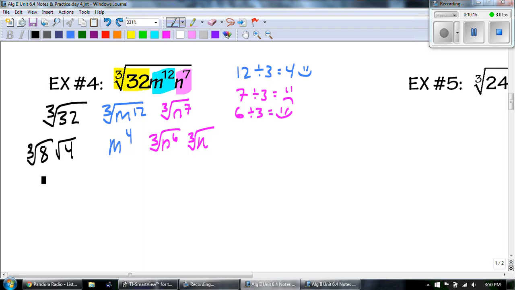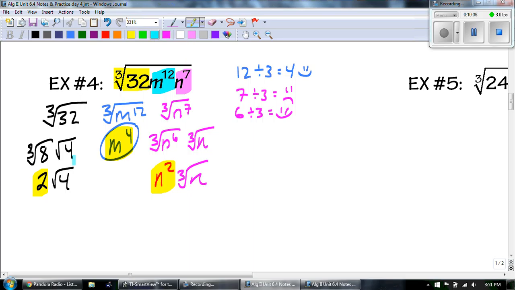The cubed root of 8 is 2. I still have the m to the 4th right here. And then 6 divided by 3 is 2. So my answer, and then I have the remainder. Sorry, I hope somebody's yelling at me.